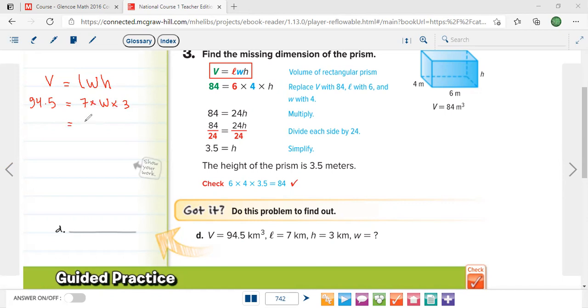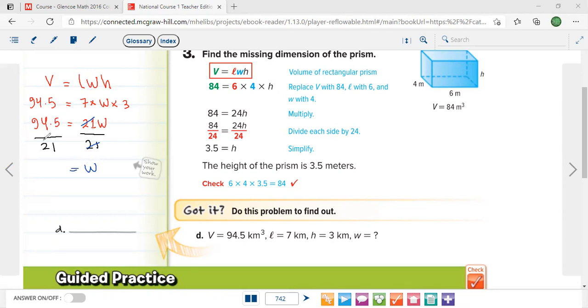So here 7 multiplied by 3 is 21. 21 times W means 21W, and here the same 94.5. Now, this is a multiplication equation, and we all know that a multiplication equation can be solved by division. So divide by 21, divide by 21. This 21 is cancelled, so W remains on the right-hand side.